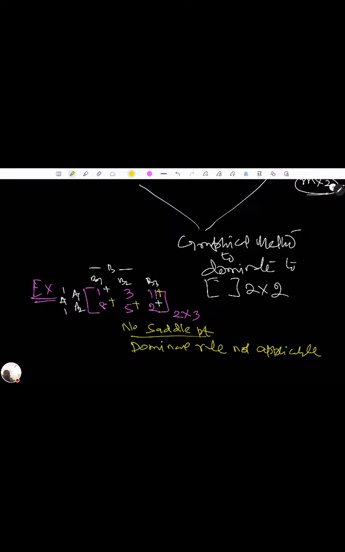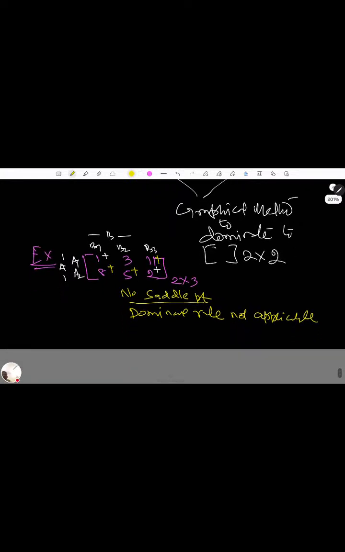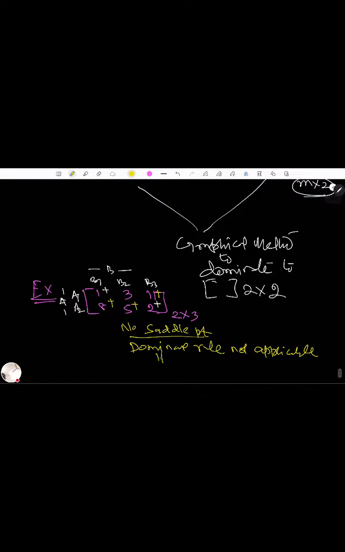So what to do? We adopt the graphical method. So what is that graphical method? Let me point out here. What is the viewpoint of A? For A we have the pure strategy and for B we have the mixed strategy, say, because there is no need to dominate A, but we need to dominate B so as to get a 2x2 matrix.